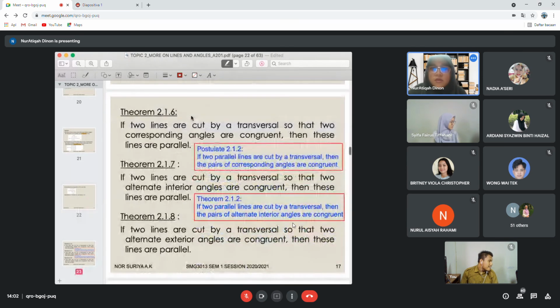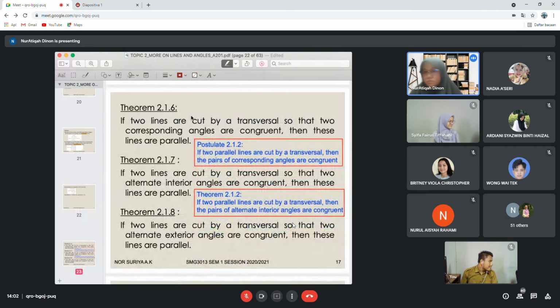Okay. So before this we have the postulate 2.1.2 and then we have 4 theorems, 2.1.3 until 2.1.5, where all those 4 theorems and 1 postulate start with kita establish dia punya angle relationship.